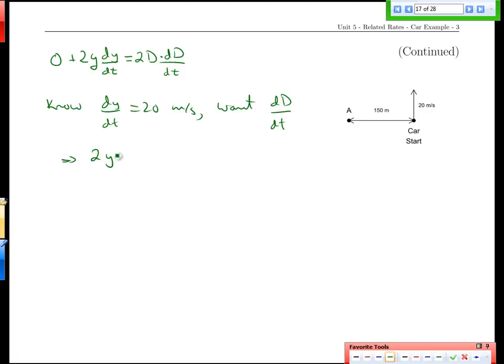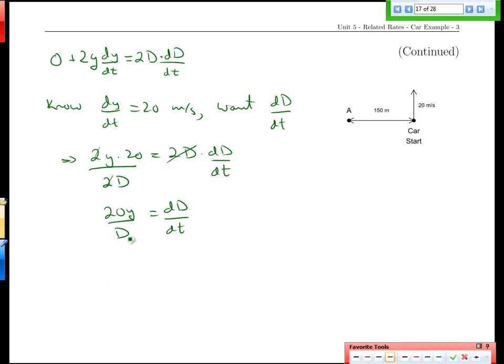So we'll have 2y times 20 equals 2d times dd/dt. Okay, so we're almost there. What we could do is divide through by 2d here, and we could say that the derivative of our distance with respect to time, or how fast something's moving away, would be 20y over d.